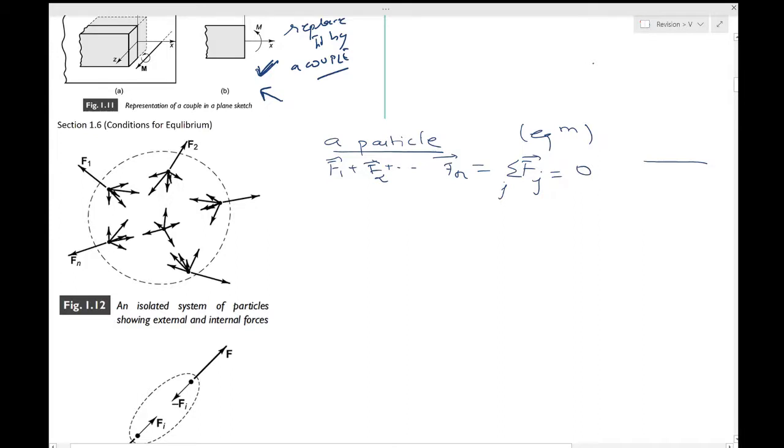As we had discussed in the last class, you will have this whole system to be in equilibrium when the sum of external forces on the system is equal to 0. This is something which we had discussed in the last class, and this was called equation 1.5, as I had told you to remember.